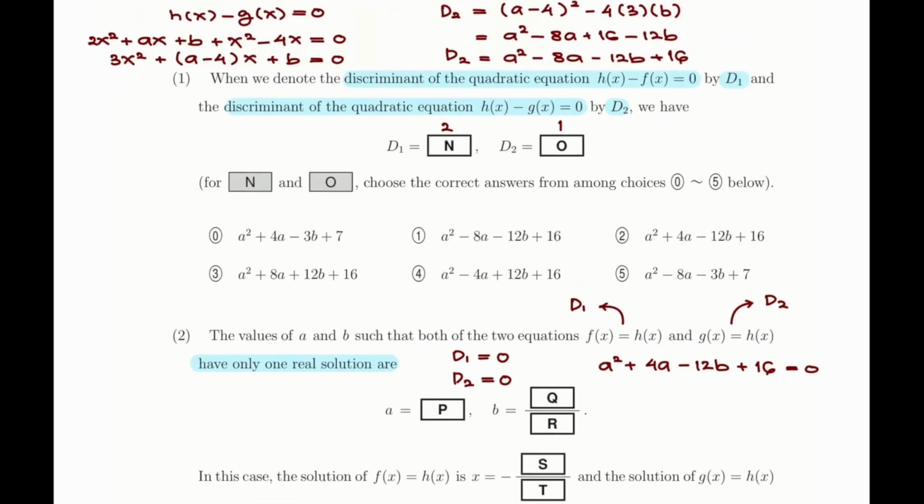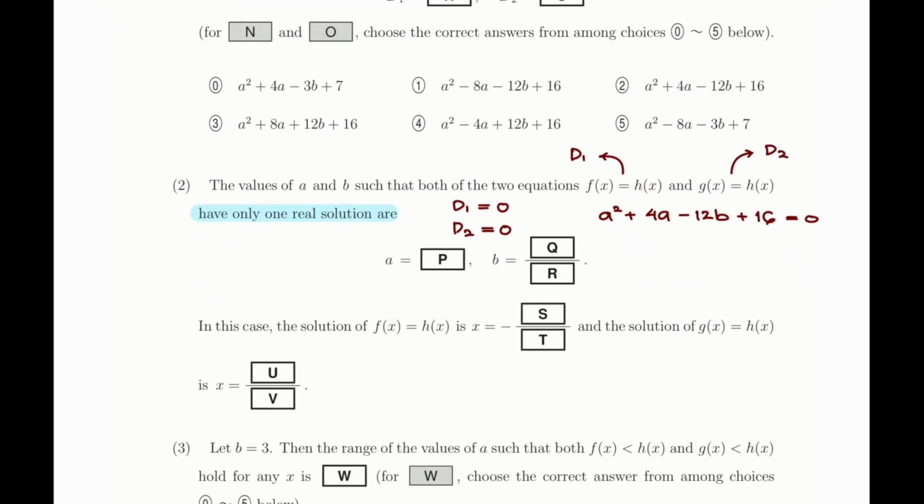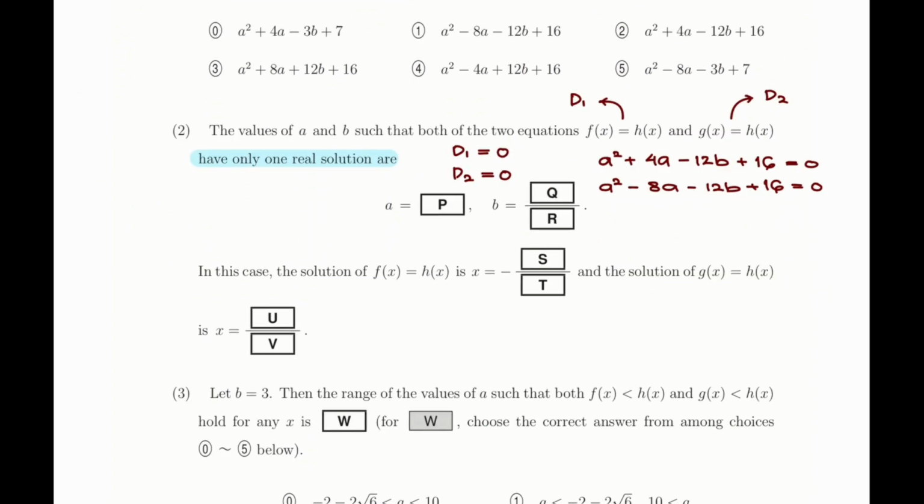And also D2 is equal to 0. This is my D2. As you can see, I can eliminate or subtract these two equations. Then I will obtain a squared minus a squared, of course it is equal to 0.